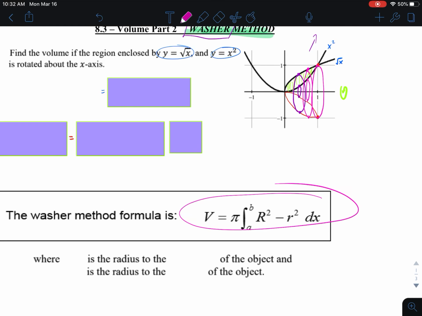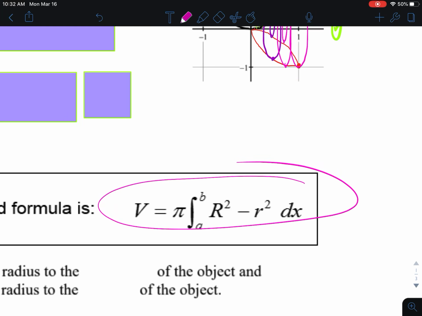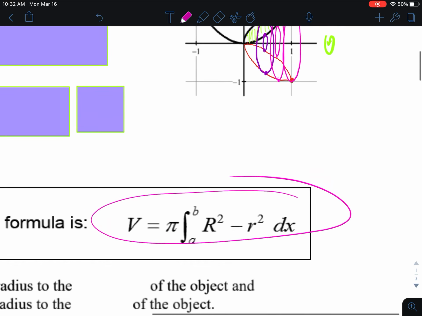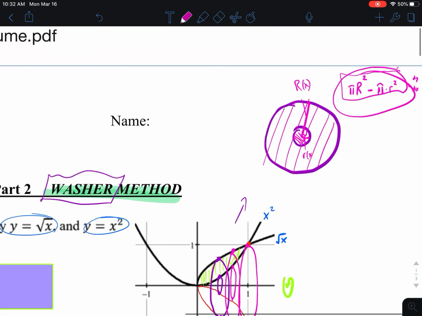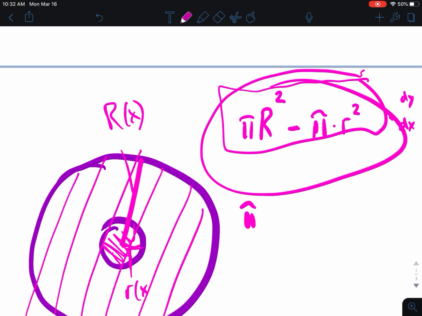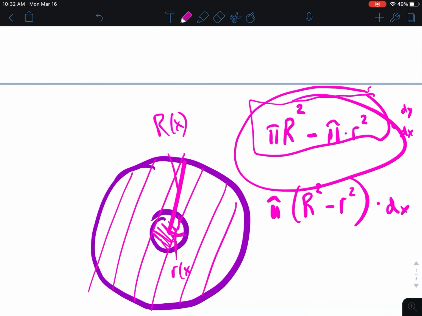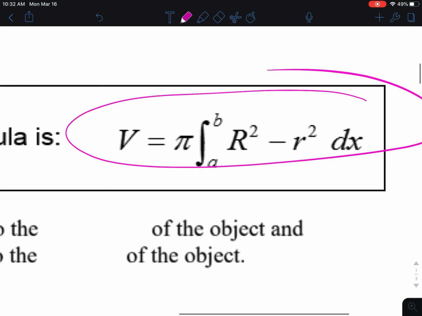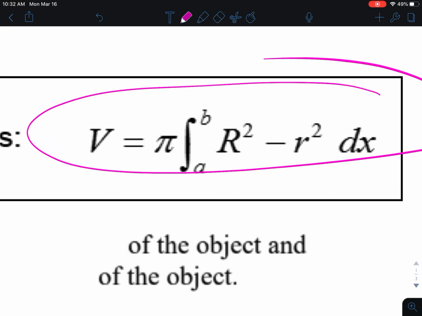This now becomes an easy way to remember how to find the volume of a bunch of washers. It's exactly what I have written here, but I factored out the pi. And so what do I have? All I have is big radius squared minus small radius squared, because they both have pi. And of course, times the thickness. So usually it'll be dx, but you never know. Down here, exact same thing, except now you integrate it because you're adding up an infinite number of these.